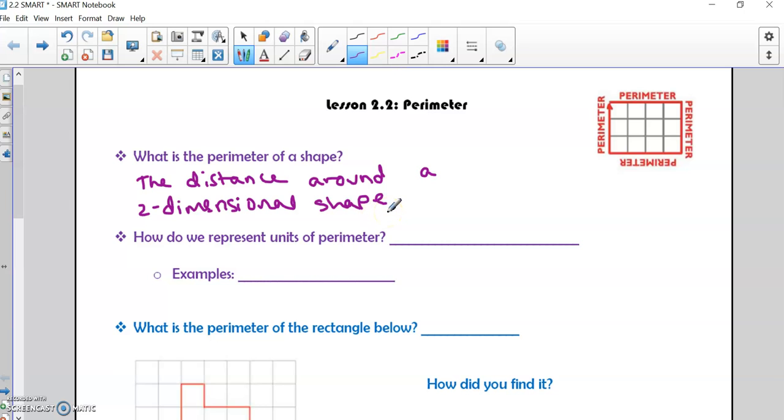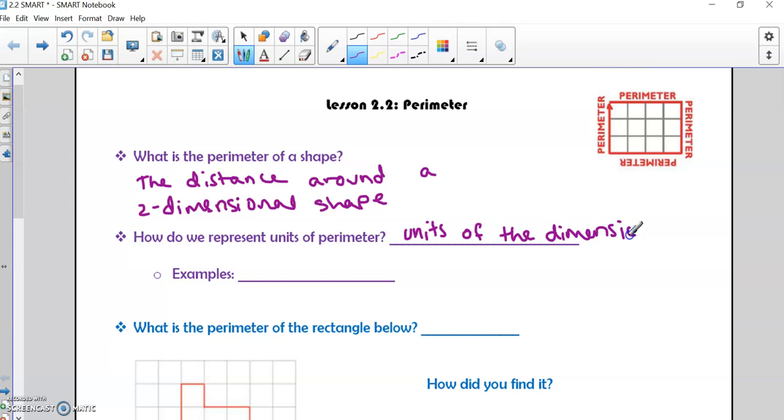So when we're talking about perimeter, we can use the units that go with the lengths, right? So basically, we can use feet, we can use centimeters, we can use miles, whatever goes with the length of the figure that we're talking about, or like the dimensions of the figure, that's what we stick to. Unlike area, which uses units squared. So I will go ahead and write that as unit of the dimensions.